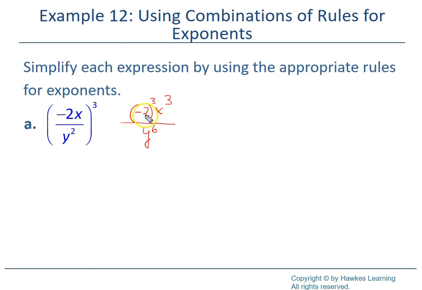Now, negative 2 to the 3rd, an odd exponent, negative, this is going to be a negative 8 then, x to the 3rd over y to the 6th. All right. Now I'm using what they are giving us just to kind of speed things up a little bit.